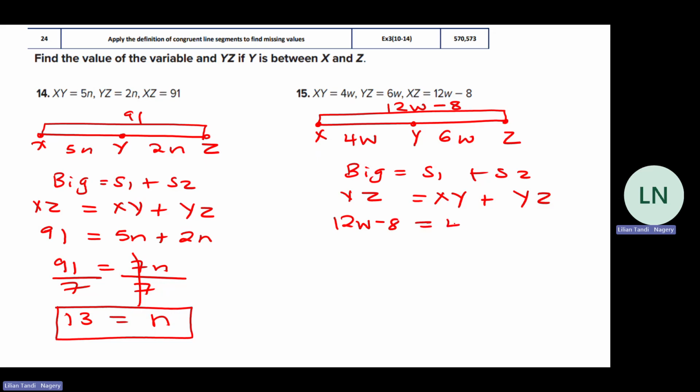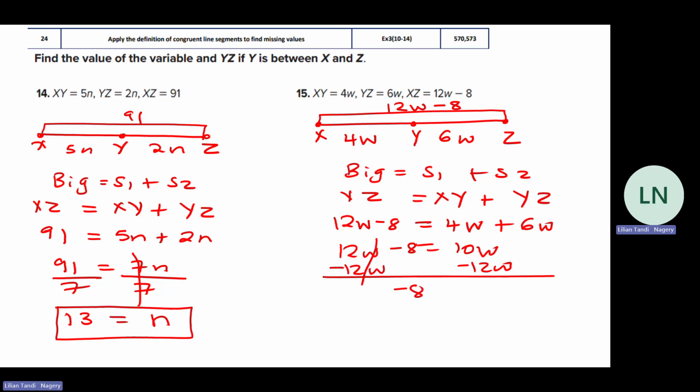XY plus YZ is 4W plus 6W equals 10W. 12W minus 8 minus 12W, minus 12W. This goes away. Negative 8 equals negative 2W. Divide by negative 2, divide by negative 2. W equals 6. Box your answer.